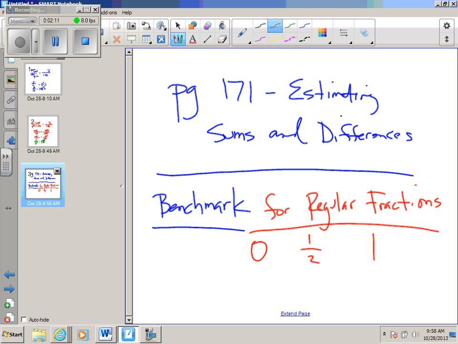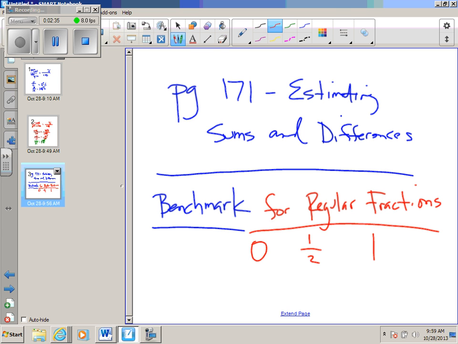What do I mean by a regular fraction? What comes to mind when you hear regular fraction? Not an improper, which would mean what? What's the relationship between your numerator and denominator in a regular fraction? Right.